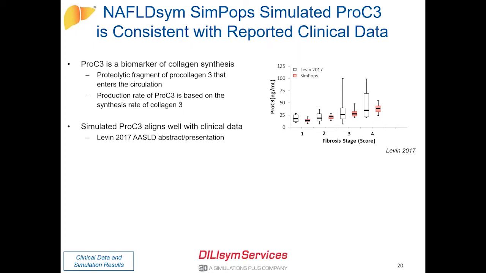I think there's a number of papers in the queue, and so we're excited to continue to represent this using the ever-expanding amount of information. One limitation of ProC3 is it captures collagen synthesis irrespective of the location, so you have to be careful with that. Nonetheless, it is really quite useful as a biomarker, certainly in evaluating treatment, not just pathophysiologic state as is given here.